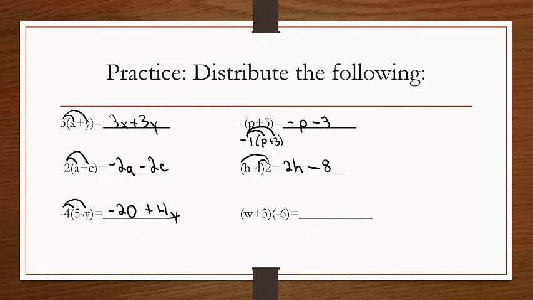If I notice, these parentheses are directly side by side with nothing in between. So that means that I have to multiply. So negative 6 times w is negative 6w. Negative 6 times positive 3 is a negative 18, or minus 18. The same thing.